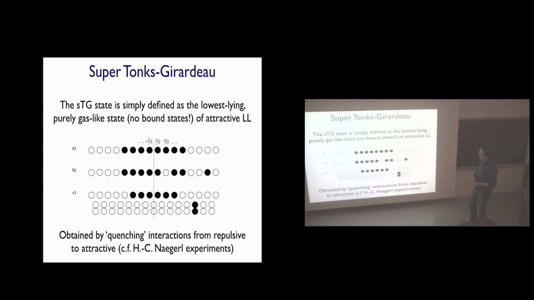The only difference is that there exist these bound states that can be accessed by perturbation. But these bound states have lower energies, so you're not anywhere near a ground state. You're in a very highly excited state, but it is the lowest energy, purely gas-like state in the system.